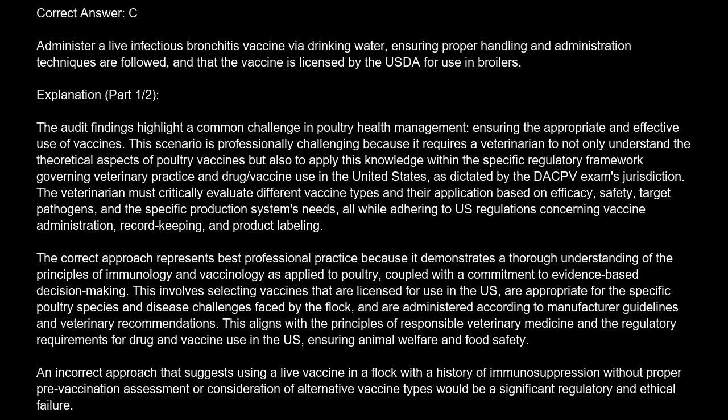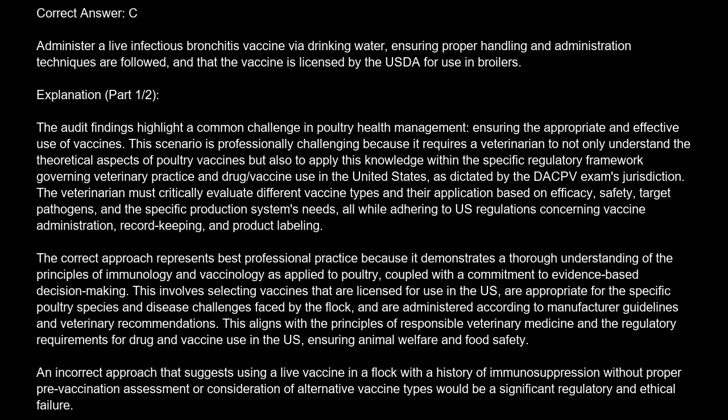This involves selecting vaccines that are licensed for use in the U.S., are appropriate for the specific poultry species and disease challenges faced by the flock, and are administered according to manufacturer guidelines and veterinary recommendations. This aligns with the principles of responsible veterinary medicine and the regulatory requirements for drug and vaccine use in the U.S., ensuring animal welfare and food safety.